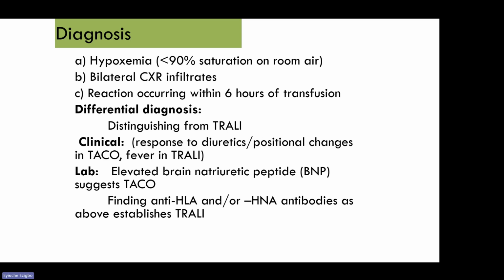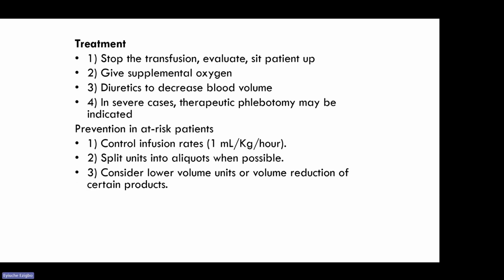Finding anti-HLA or anti-HNA antibodies as above establishes TRALI and not TACO. Treatment is to stop the transfusion, evaluate, sit the patient up, give supplementary oxygen and diuretics to decrease the blood volume. In severe cases, therapeutic phlebotomy may be indicated.